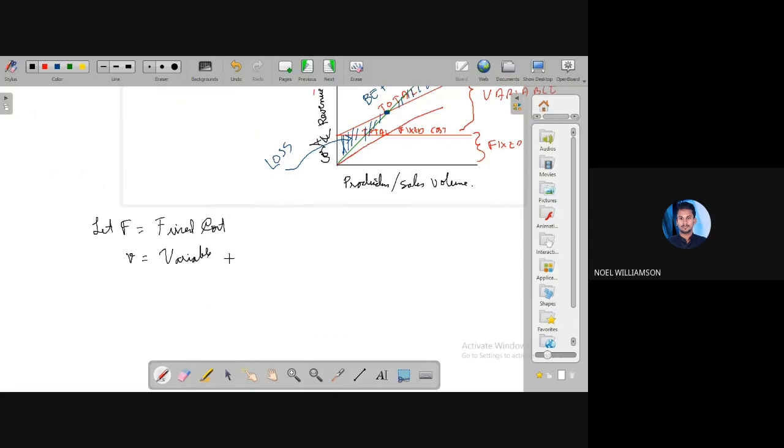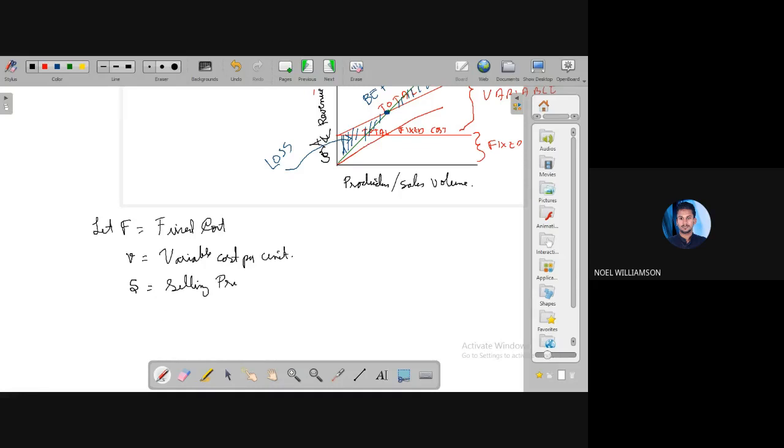Variable cost is dependent on the number of units; if we are producing 2 units, then twice that will be the cost. Small s is the selling price per unit.